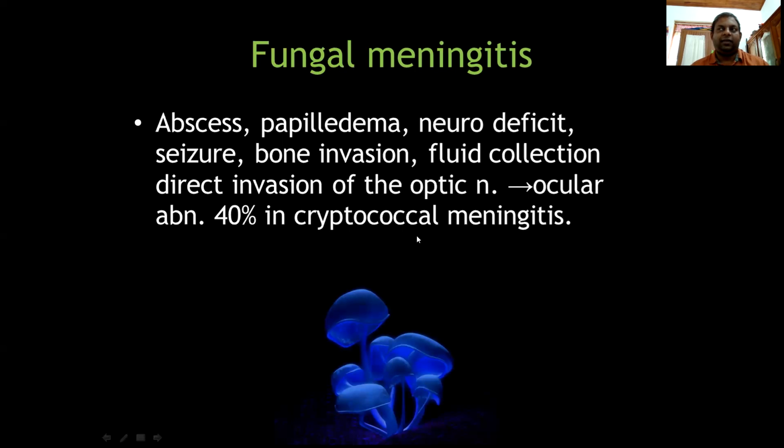Fungal meningitis, as I said, is common nowadays because the immunocompromised population is rising. Abscess, papilledema, neurodeficit, seizures, bone invasion, fluid collection, direct invasion of optic nerve, ocular, and 40% cryptococcal meningitis. Usually ocular abnormalities are there.